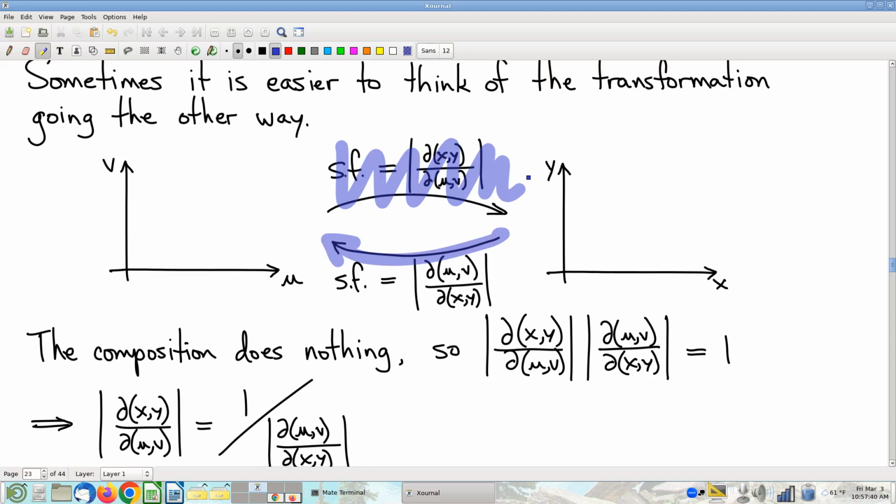Input variables, now x and y. This stretching factor, going this other direction, well, it's going to be partial (u,v) over partial (x,y), the partials of the outputs, u and v now my outputs, with respect to my inputs, and x and y are now my inputs. So, alright. I have two different functions and two different stretching factors.